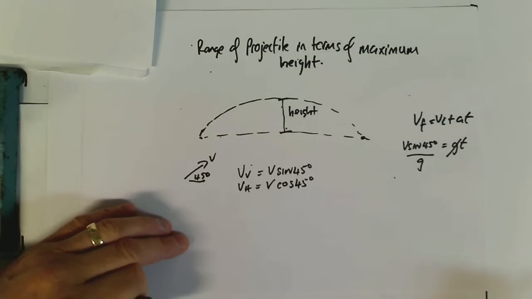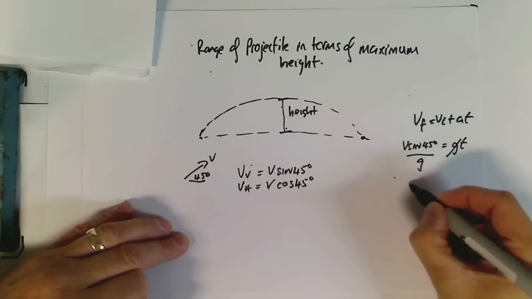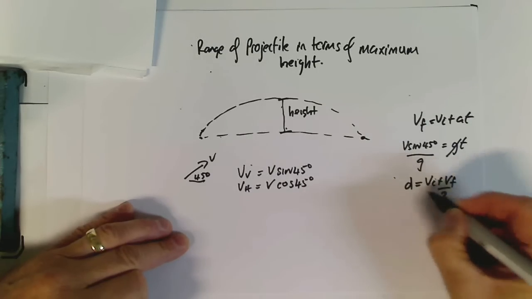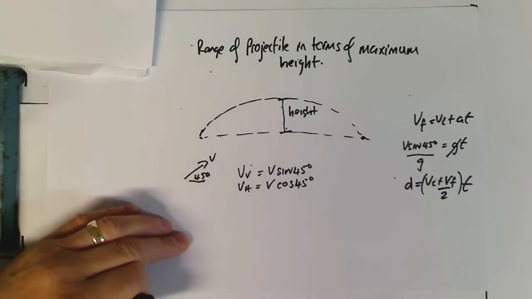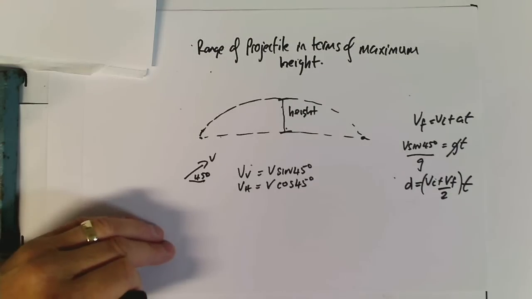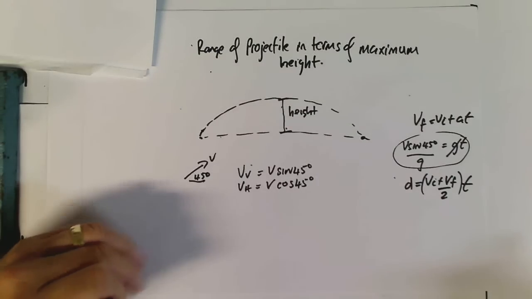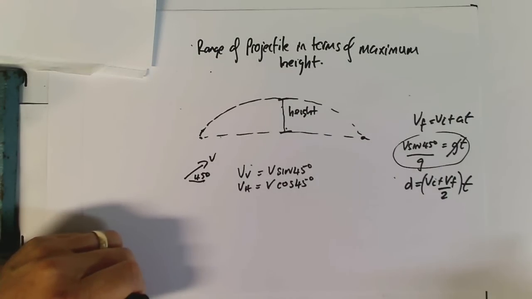But we've got another little formula which says that D is equal to Vi plus Vf over 2 times T. Now that's our formula for the range. Remembering, this was our time to get to that maximum height.